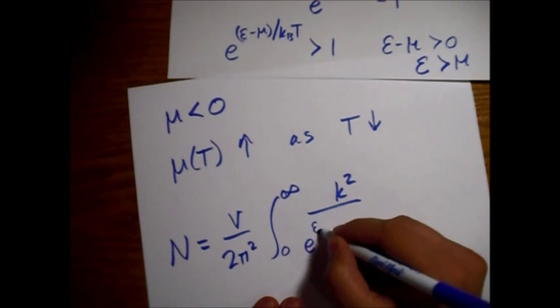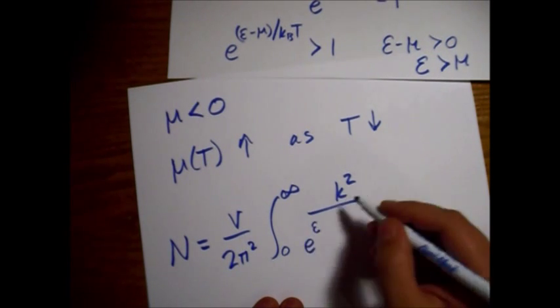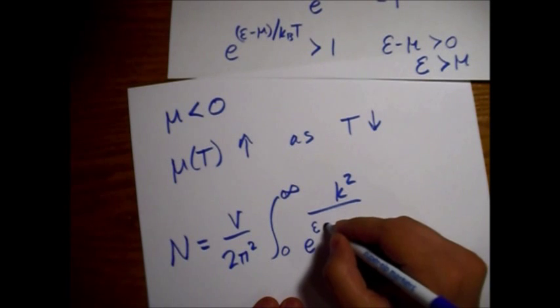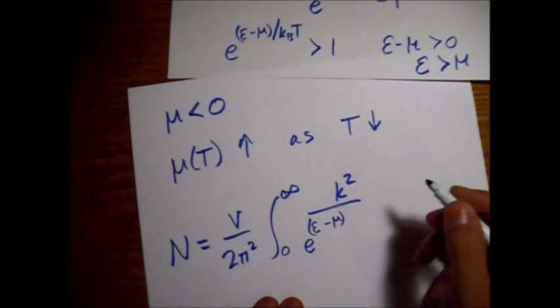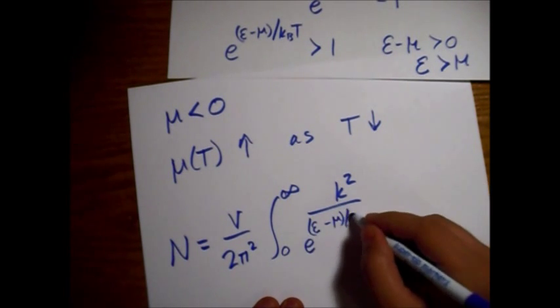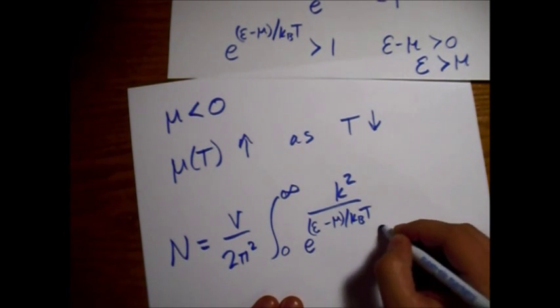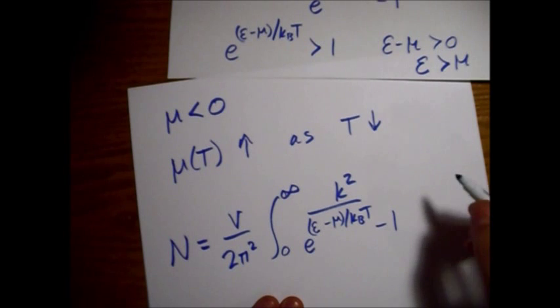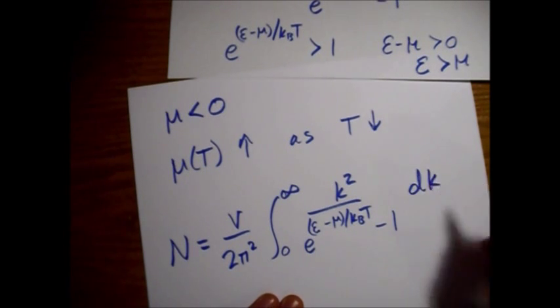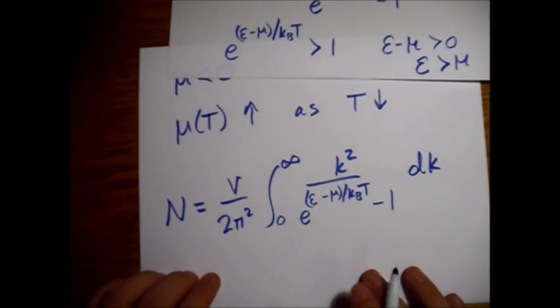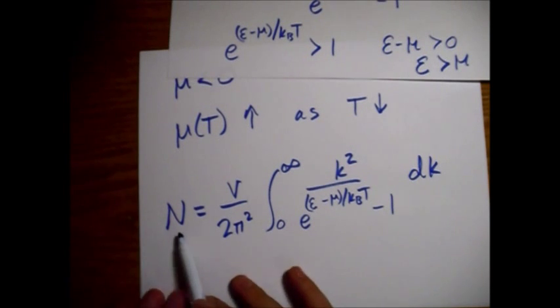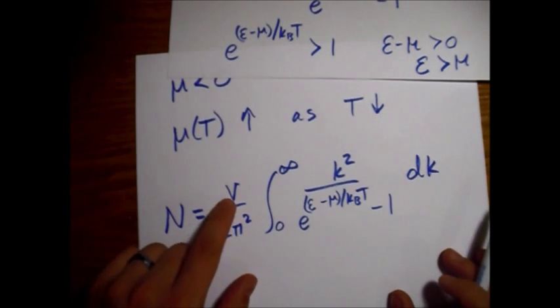I'm just going to use epsilon instead of the whole momentum expression over 2m. So we're going to study this, with N and V held constant.